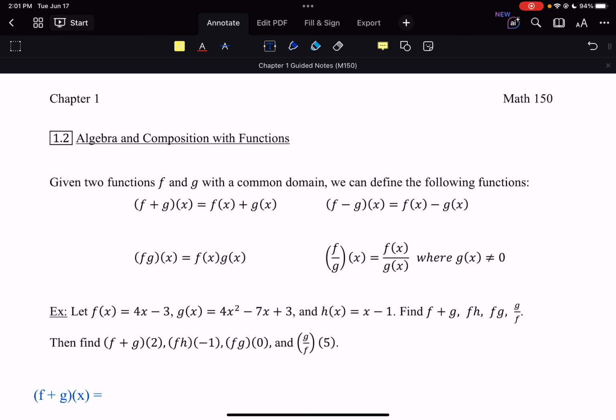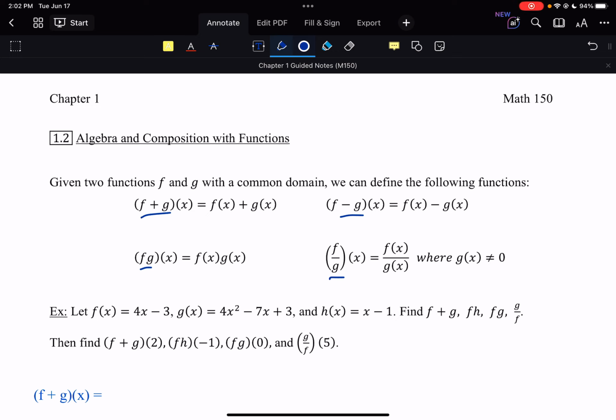All right, we are in section 1.2, talking about algebra and composition with functions. Given two functions, f and g, with a common domain, we can define any of the following functions: f plus g, f minus g, f times g, and f over g. Basically, we can perform algebraic operations on functions.